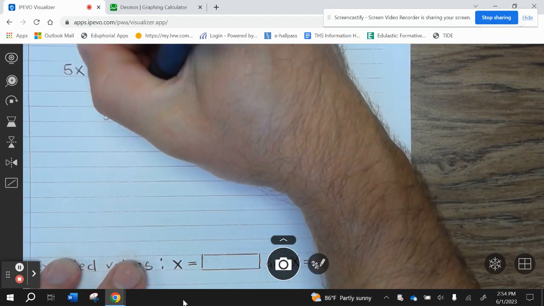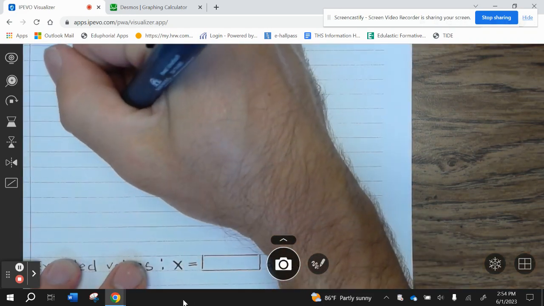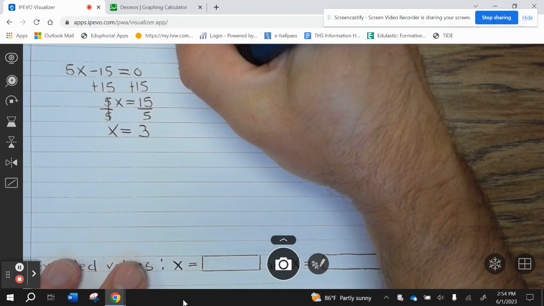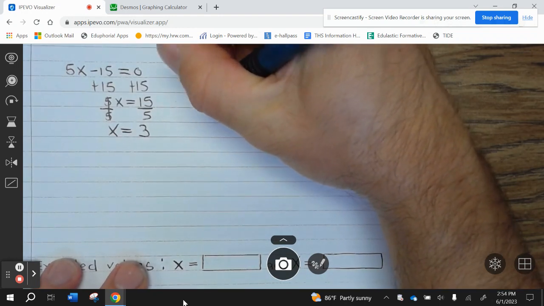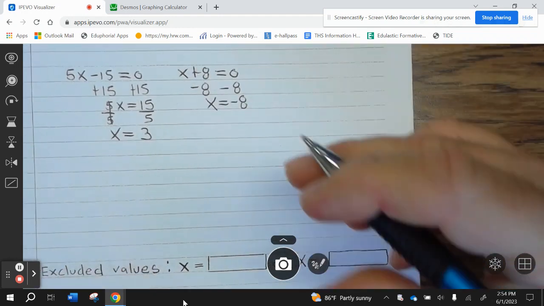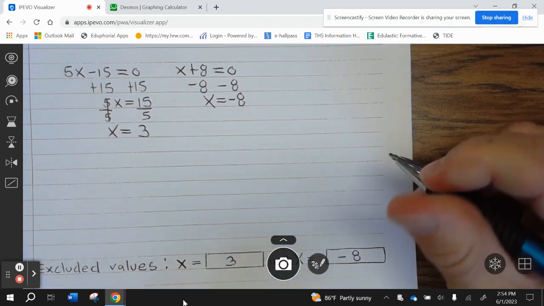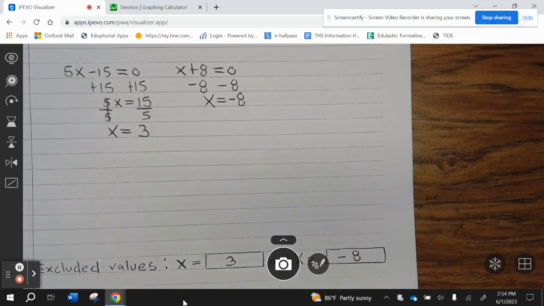Divide both sides by 5. X equals 3. Subtract 8 from both sides. X equals negative 8. All right, go ahead and finish up example number 1.